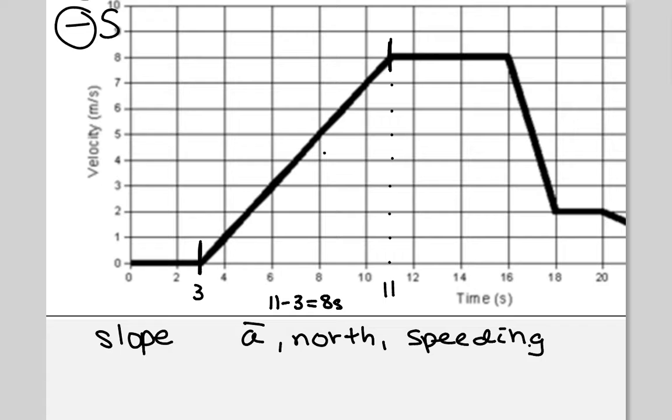Go from 0 to 8. 8 take away 0 is 8. So it's 8 meters per second change in 8 seconds. 8 divided by 8 is 1. So your acceleration is 1 meter per second squared north. North because the slope is positive.